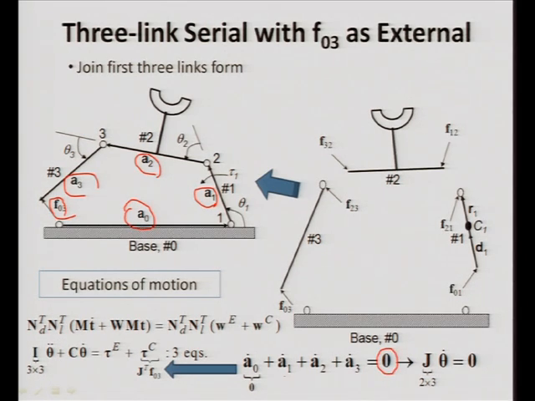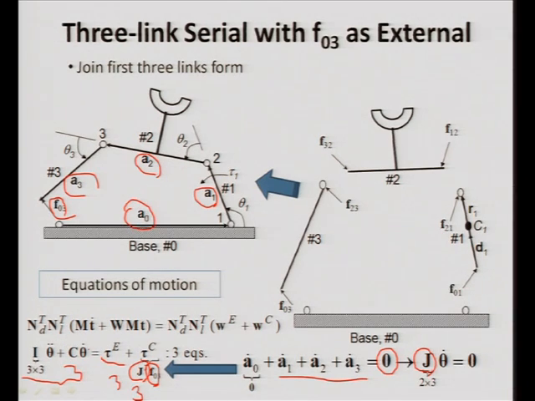And then if you take the time derivative of those, A0 dot is nothing but 0, because it is a fixed link, A1 dot plus A2 dot plus A3 dot is equal to 0, and if you rearrange, then this Jacobian J will come into the picture, and its dimension for the planar case will be 2 by 3. So, when you multiply with J transpose here, it will be 3 by 2, this is already 2 by 1. So, finally, it will be a 3 dimensional quantity. So, this is already a 3 dimensional quantity, and of course, this is also a 3 dimensional quantity.